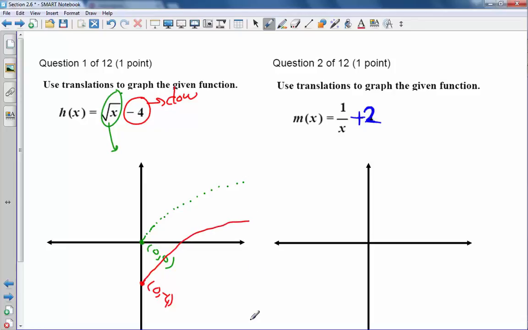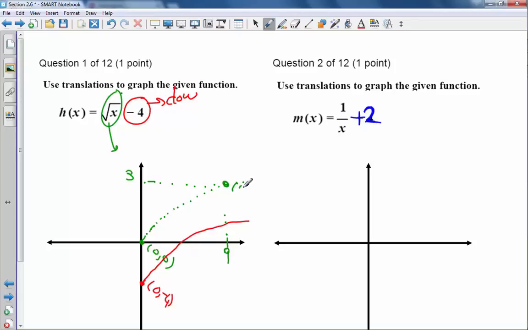Something like this. If possible, give more points, such as, mark another point, such as I know what 9 is. What is the value of 9 under root x? Enter 9 into root x. What do you get? What is root 9? 3.